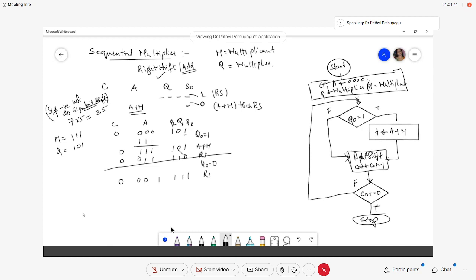Then here Q naught is 1. We have decremented one more time. So in the next iteration, Q naught is 1, which means the accumulator value should be added with M. So this is 0, 0, 0, 1.